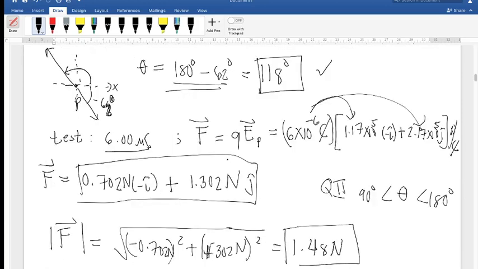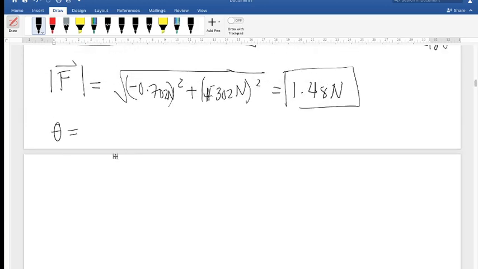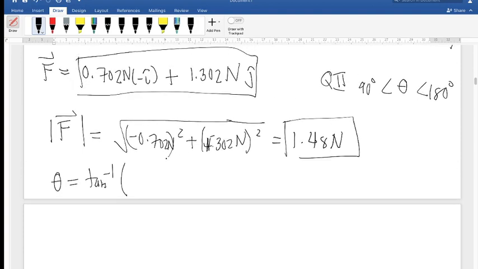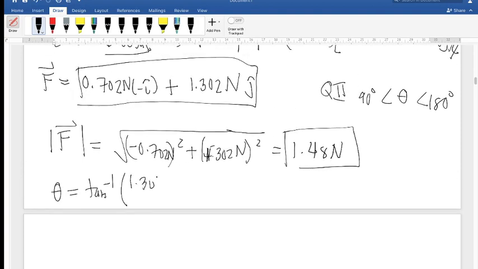Okay? As you can see here, our theta, we just have to find the inverse tangent. Your y is the 1.302 divided by the negative 0.702. So how much is that? Again, the same, negative 62 degrees.